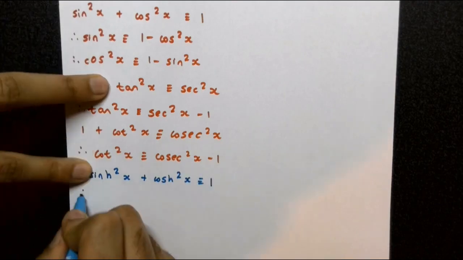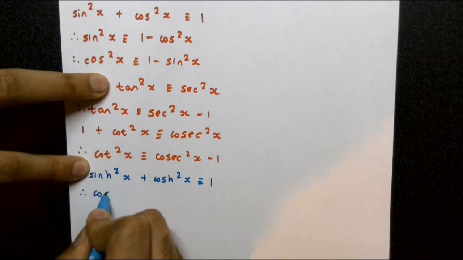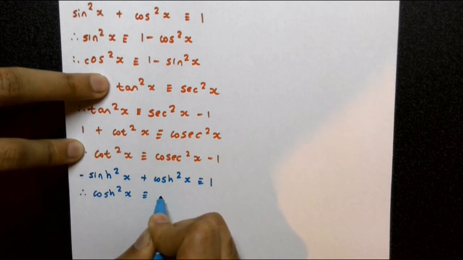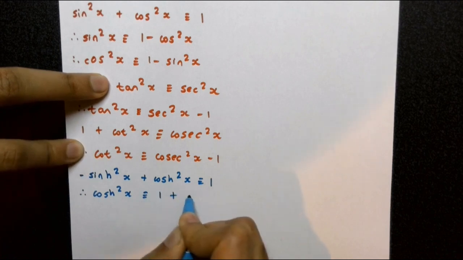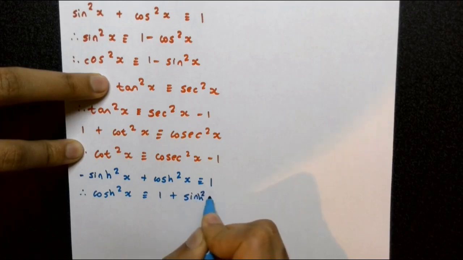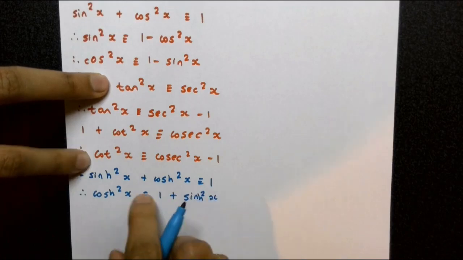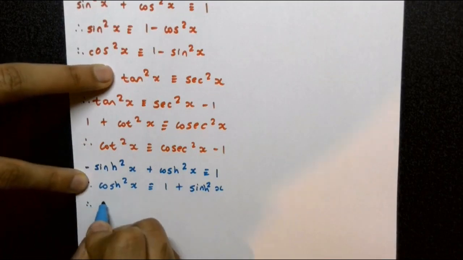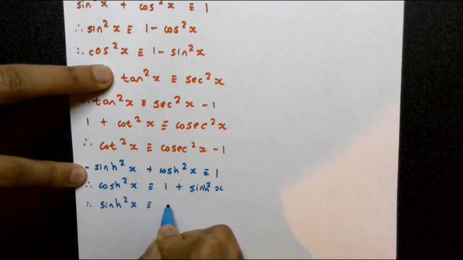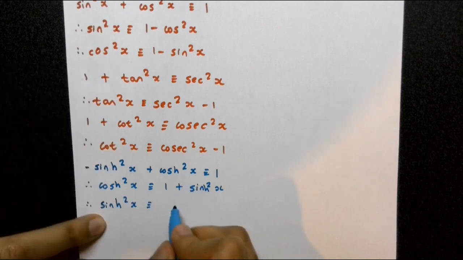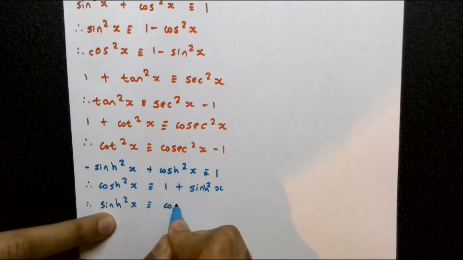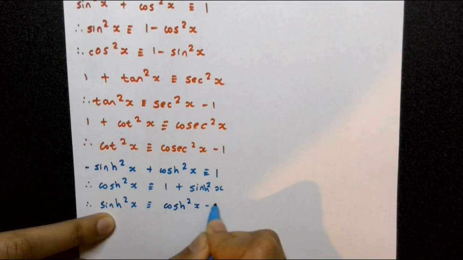And if we rearrange for this, hopefully here you can see hyperbolic cos squared is equivalent to 1 plus hyperbolic sine squared. And if we rearrange for hyperbolic sine squared, hopefully here you can see this is equivalent to hyperbolic cosine squared minus 1.